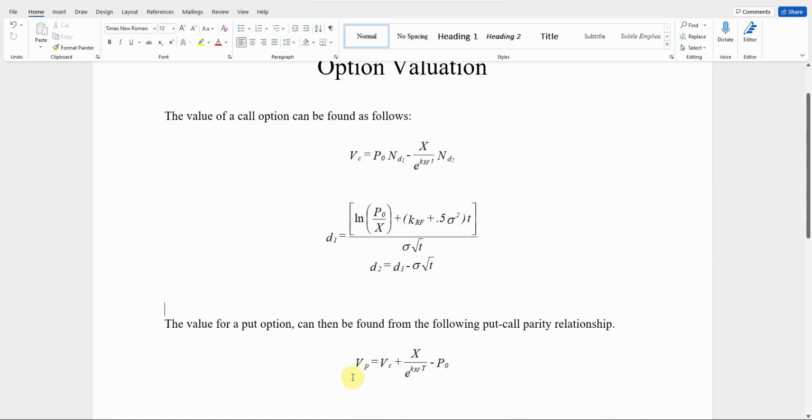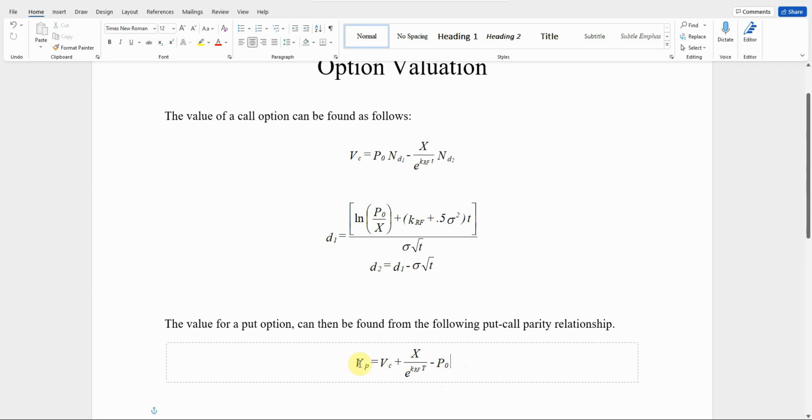This is sometimes called put-call parity, which basically says if we know the value of the call, we can tell you what the value of the put should be, or vice versa, but we typically solve for the value of the call first. And so if I know the value of the call, I add the present value of the exercise price, I subtract off the stock price, and that gives me the value of the put.